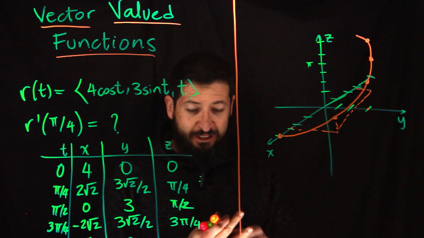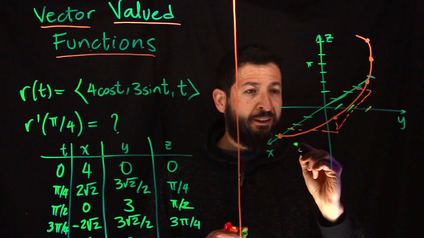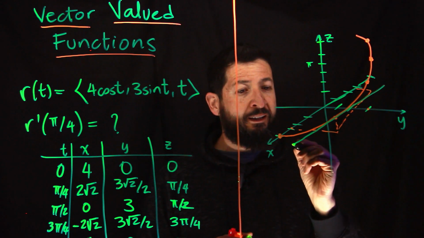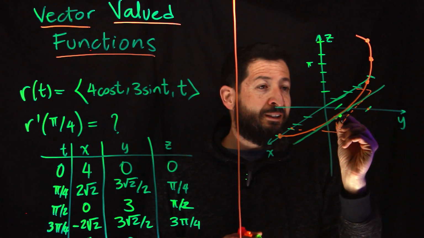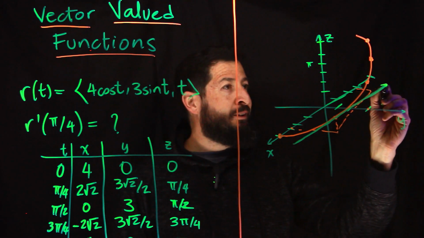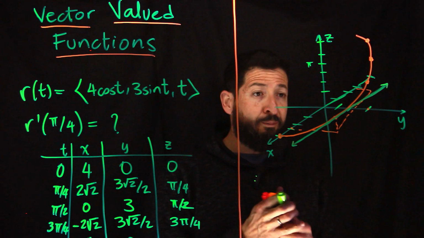Now we need the tangent line. So technically what I want to do is find this line that goes here and what would be the parametric form of that tangent line. So again, tangent line, you still want to do your derivative, but the derivative gives you a vector. What in the world does that vector mean?